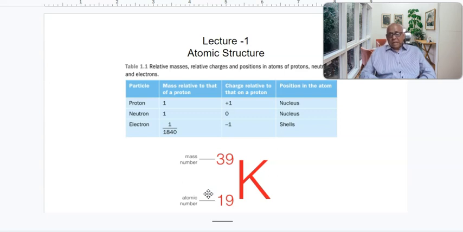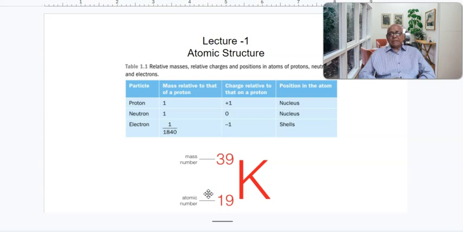You see, every element has a unique number of protons. For example, hydrogen has proton number 1. If we go to helium, it is proton number 2. And if we go to the next, then it is 3, 4, 5, etc. I told you previously that there was a dilemma: if helium has proton number 2 and hydrogen has proton number 1, their masses should be relatively 1 and 2.